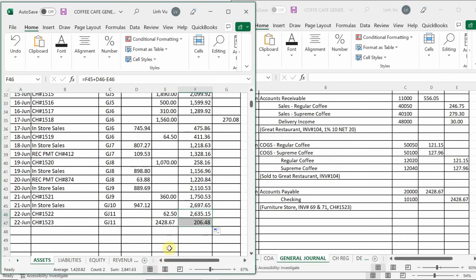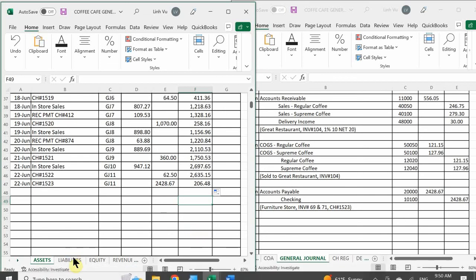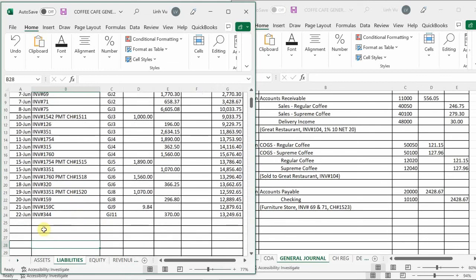206.48. Not so well, right? Okay. And I need to update my accounts payable account because now I owe less. I paid off a bill. So, invoice 69 and 71 payment. So how much money do I owe? 2428.67.